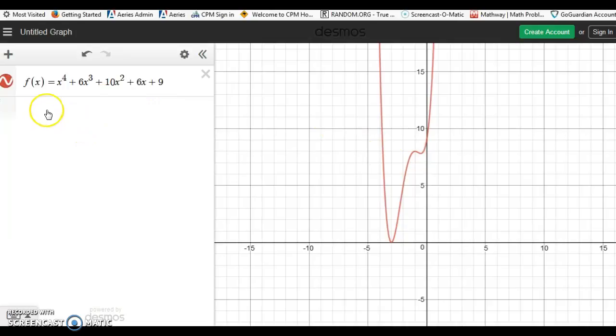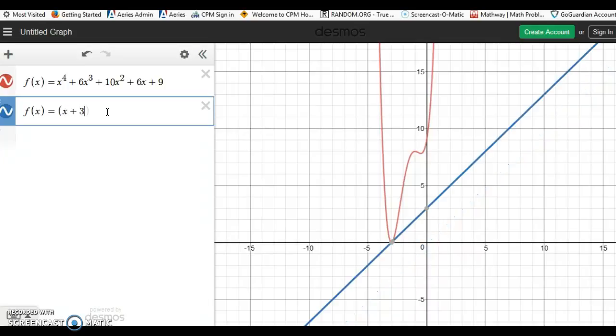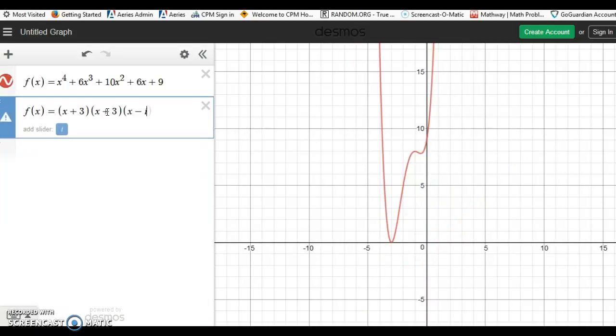How we can also check to see if we actually had i's. I wonder if it will work on Desmos. Let's check it out. If I put it into factorization, so if I say x, what did I say the answers were? x plus 3, and x plus 3. And then this would be an x minus i and an x plus i.